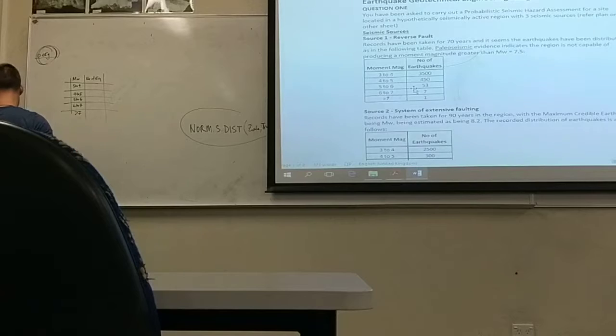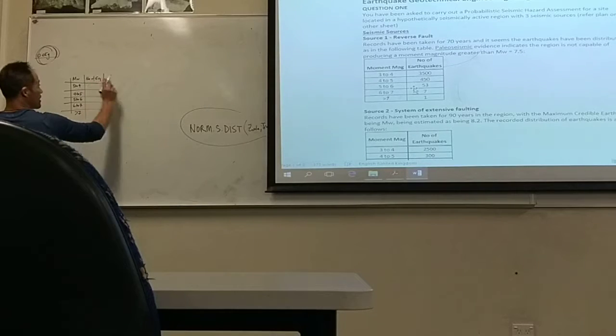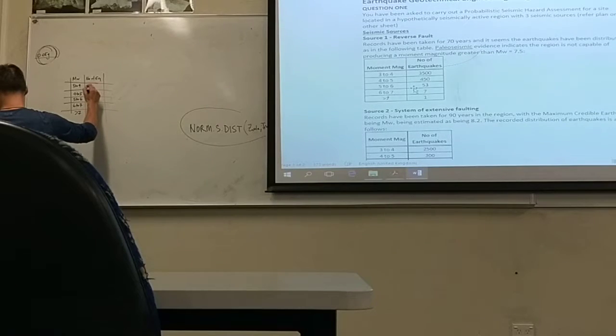Okay, I'll do this one here. So say you've got, similar to that, one of your tables like this: 3,500, 450, 53, 7, 1.